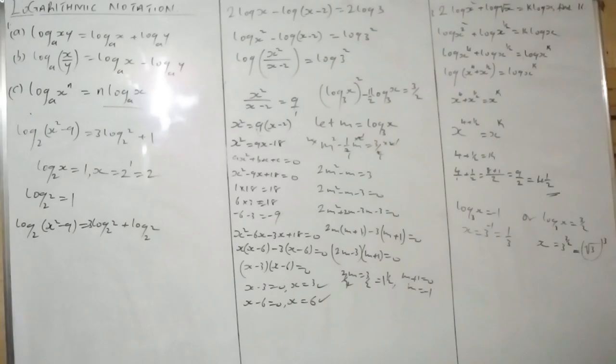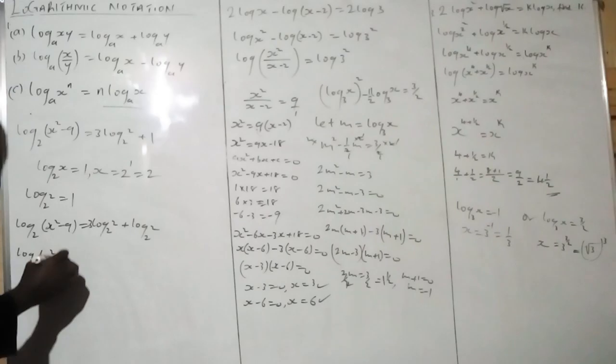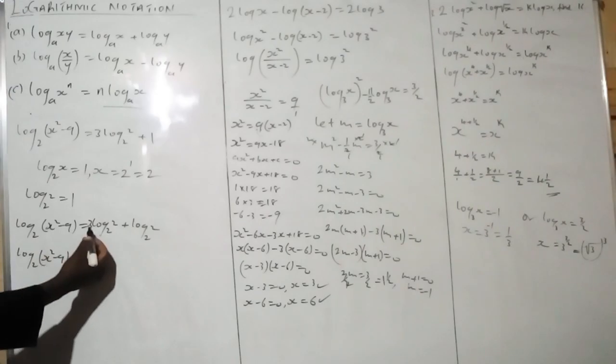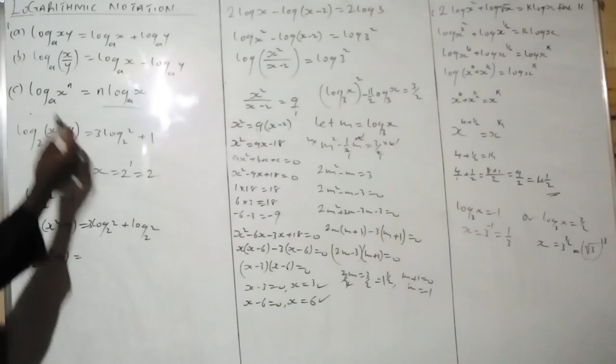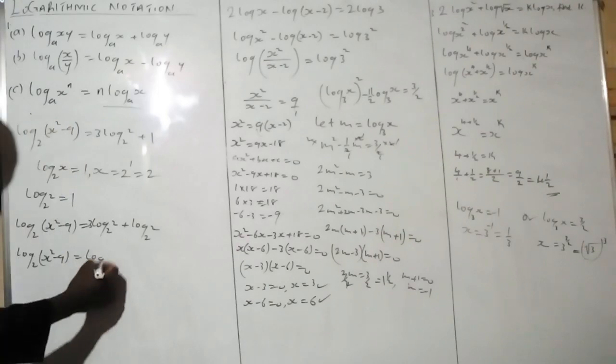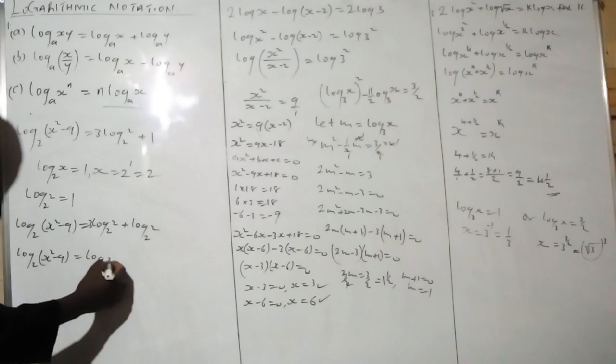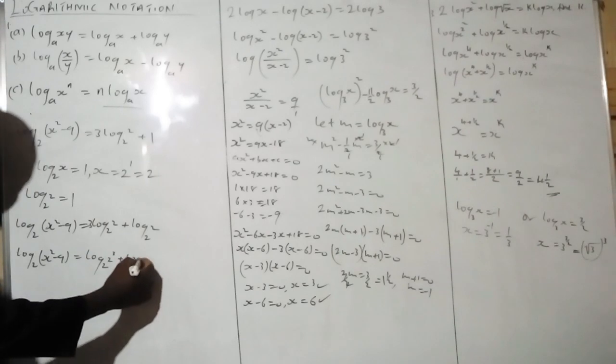To have log to base 2 of x squared minus 9 is equal to this: 3 log to base 2 is in the third rule of logarithm, so we write it as log 2 cubed plus log 2.